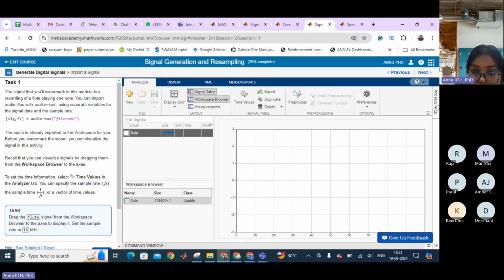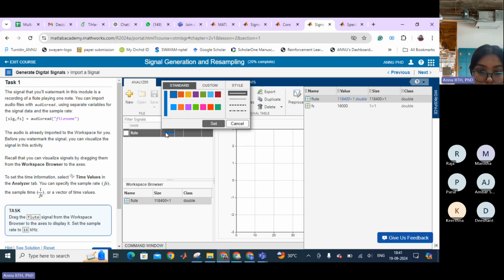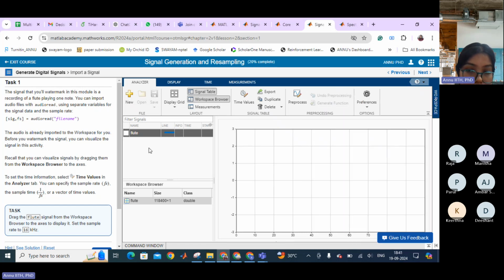These are the signals. So this is like flute. This is the signal filter name, and this is FS. Okay, great. Now the audio is already imported. Before you watermark, you can visualize. Recall that you can visualize the signal by dragging.